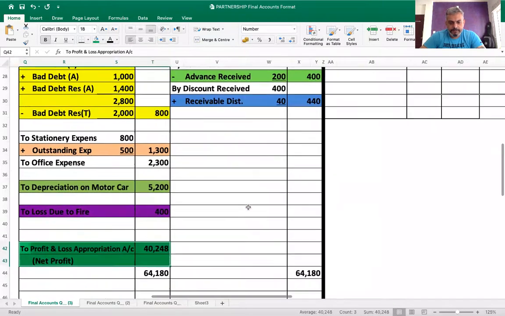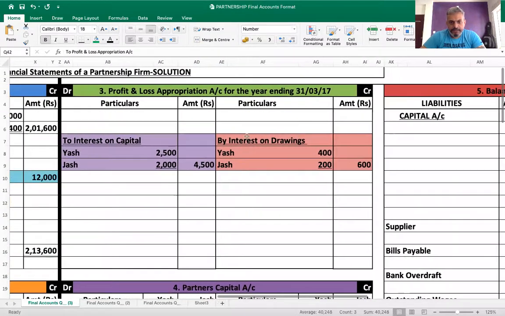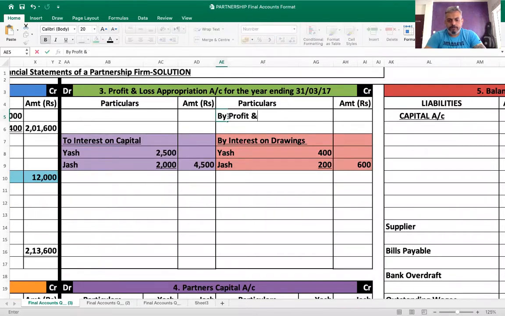Transfer it to P&L appropriation account by profit and loss account. Net profit.